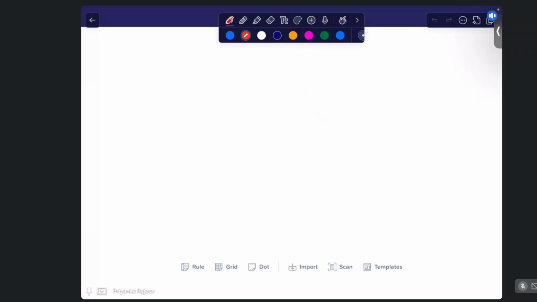So to start with, first the concept of latent heat. There are different types of latent heat. Latent heat of ice is there, of vaporization is there.